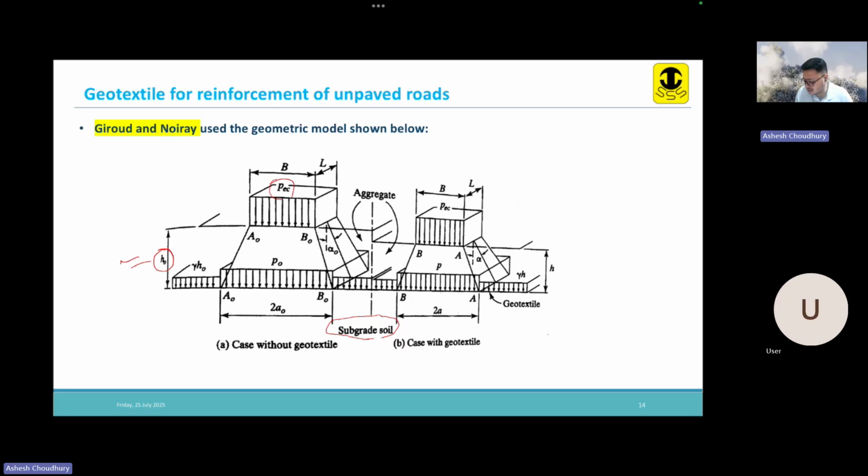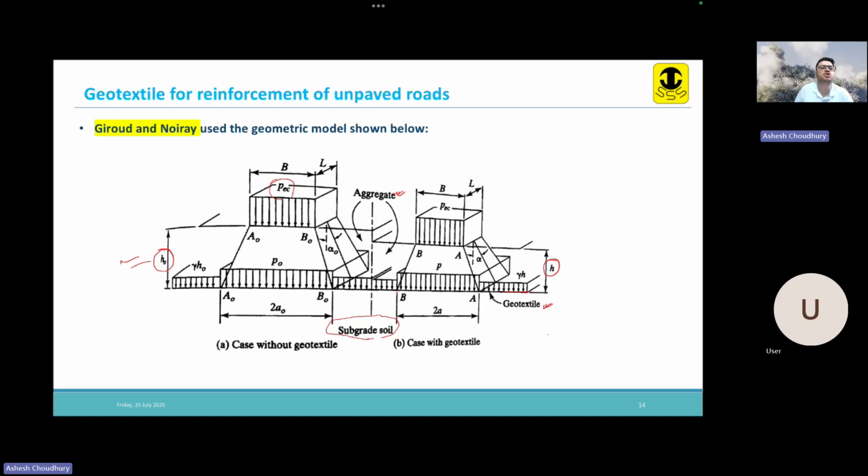But if we use a geotextile reinforcement between the subgrade and the aggregate layer, the thickness of the aggregate layer reduces from H naught to H. How much reduction of aggregate thickness is actually happening, that we have to find out.